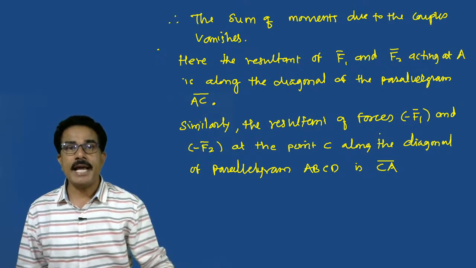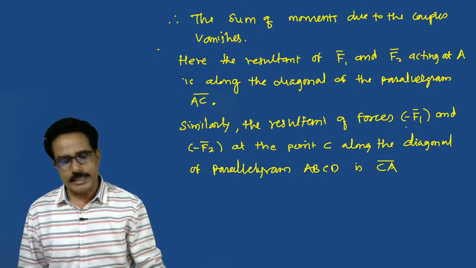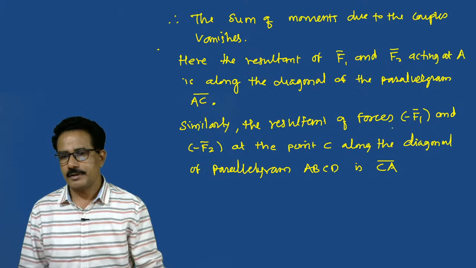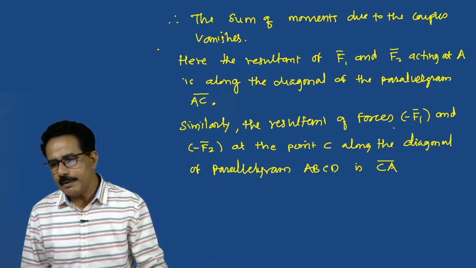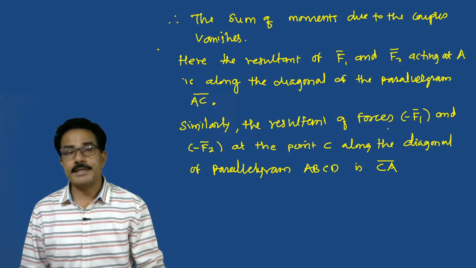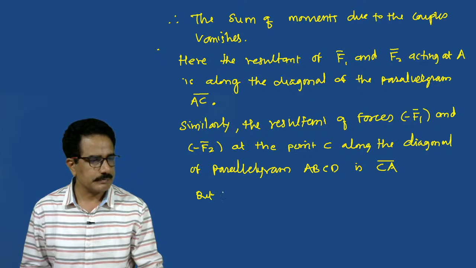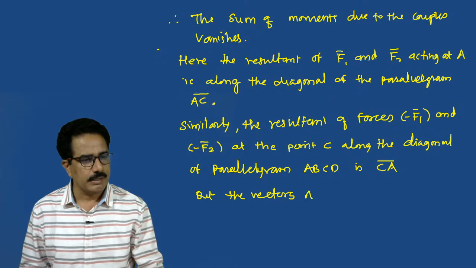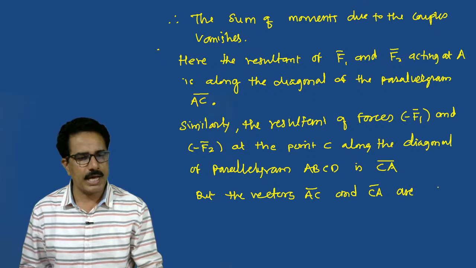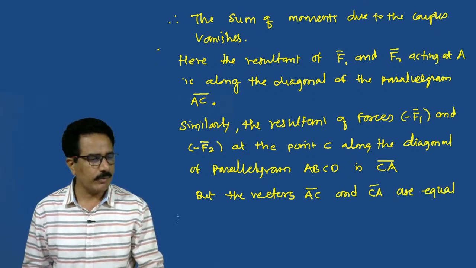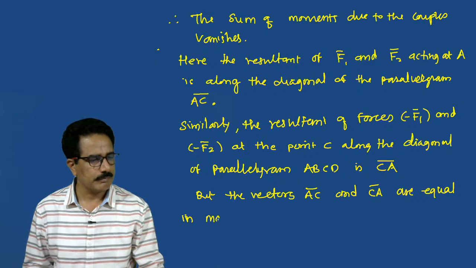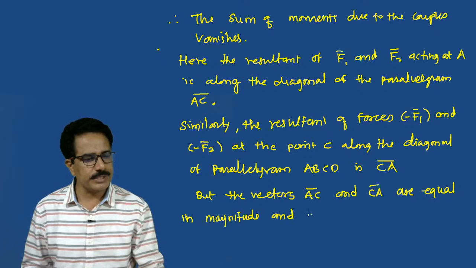AC and CA are equal in magnitude but opposite in direction. Therefore, they balance each other, but the vectors AC bar and CA bar are equal in magnitude and opposite in direction.